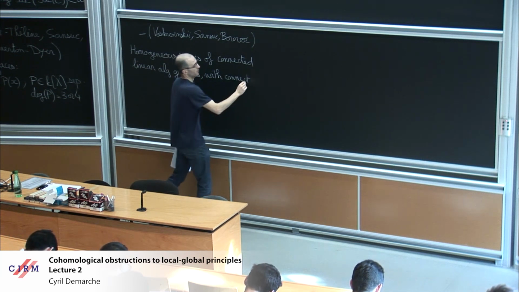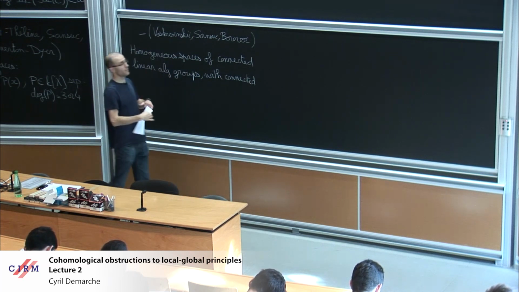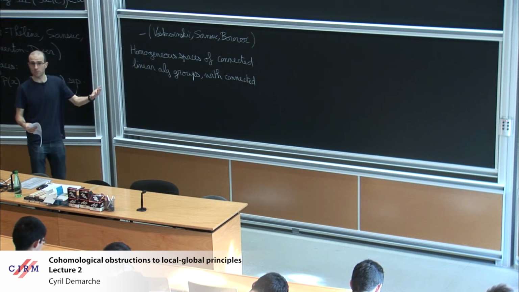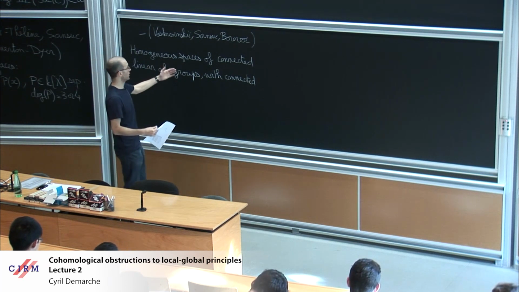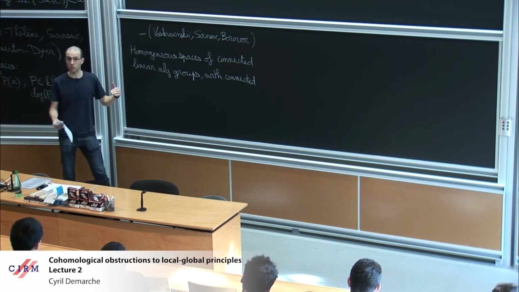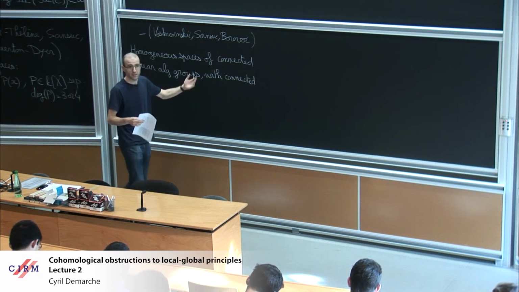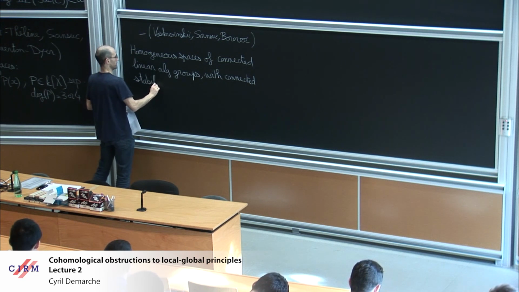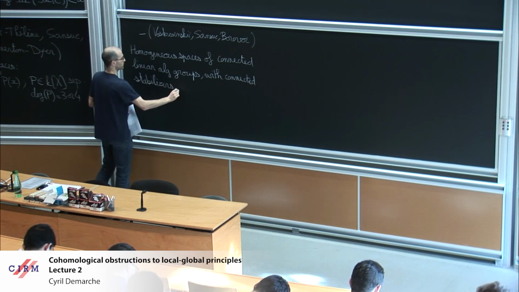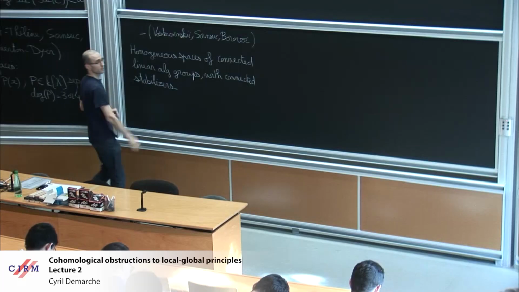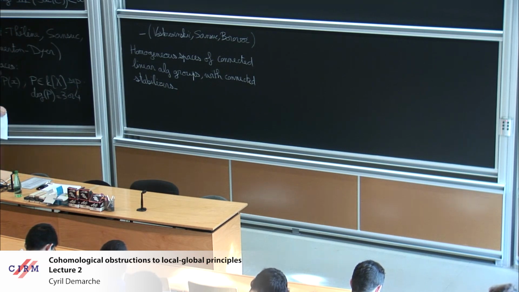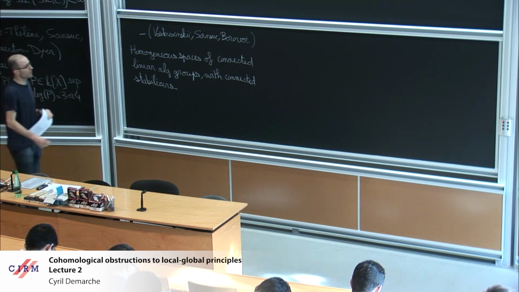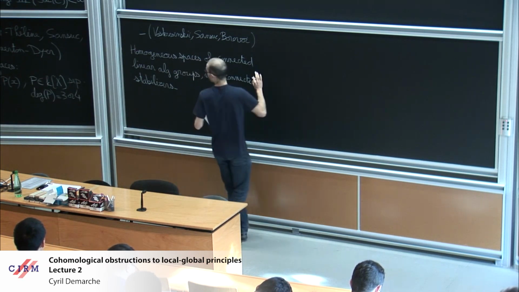So varieties that are over k-bar isomorphic to G mod H, where G is a connected linear algebraic group and H is a connected subgroup with connected stabilizer. So we'll come back to this result later on. So these are some examples.